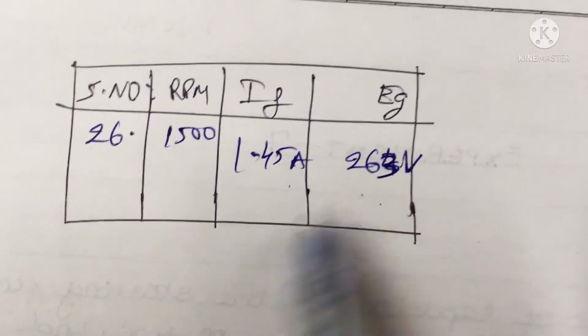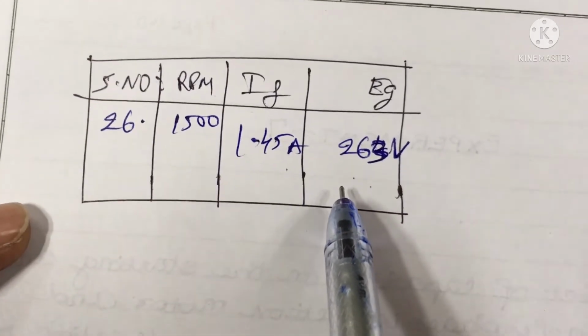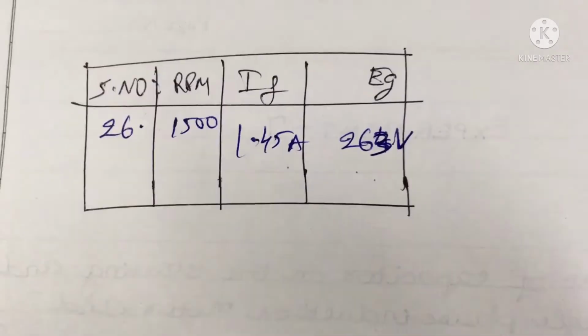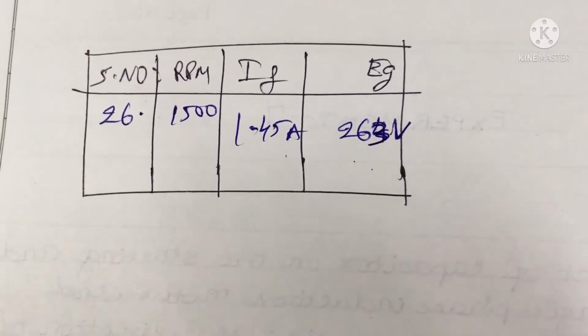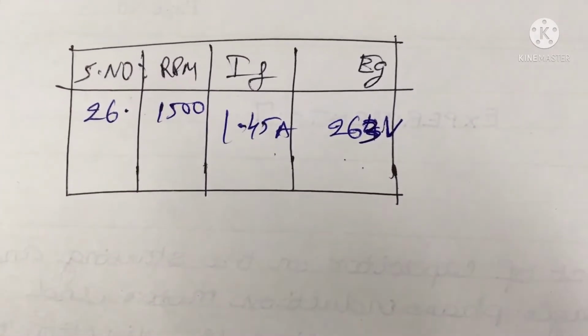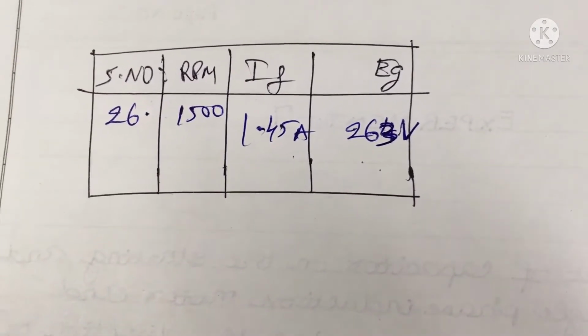Now we have to include this point in our magnetization characteristics of DC shunt generator. Now we are going to switch off the DC supply, and then we are going to plot the magnetization characteristics of DC shunt generator.